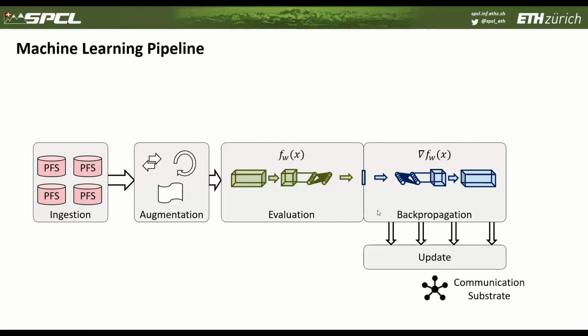But afterwards, I mentioned that the gradient update happens at the end, but it really doesn't have to be, right? So we don't have to wait until we have all the gradients in order to update them. We can start updating them while we're performing the backpropagation algorithm. Those updates, when we're talking about clusters, sometimes require communication, which would necessitate the use of some substrate like MPI or NCCL, for those of you who know.